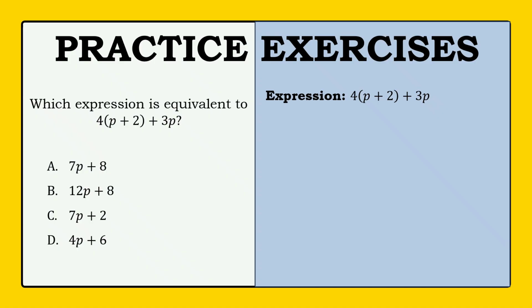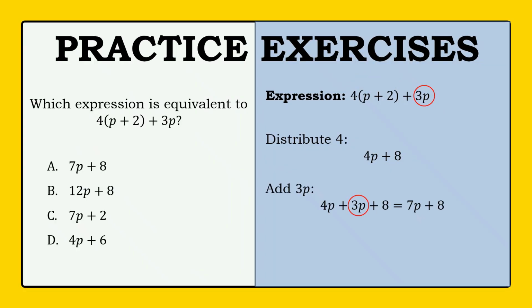So in the expression 4 times the quantity of p plus 2 plus 3p, first let's distribute 4 inside the parentheses. So 4 times p is equal to 4p, 4 times 2 is equal to 8. Next, add 3p. So we have 4p plus 3p plus 8 is equal to 7p plus 8. And this is letter A.